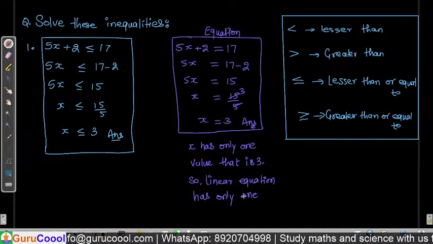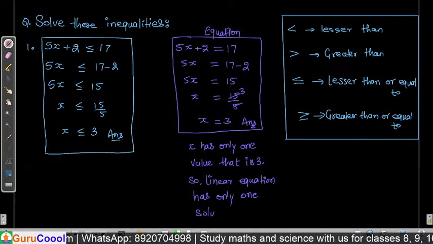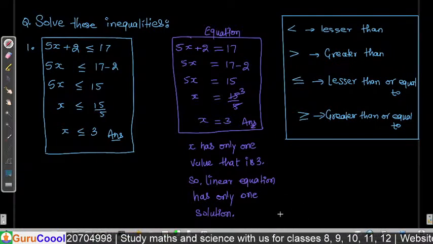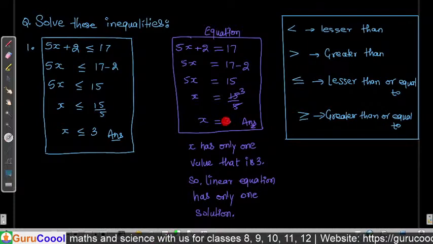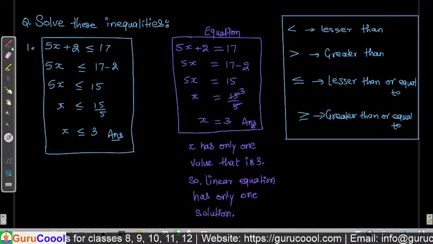Focus over the main portion. Only one solution. What is that single solution? Yes, that 3 value, only one value, that is 3, is the only solution. Got it?